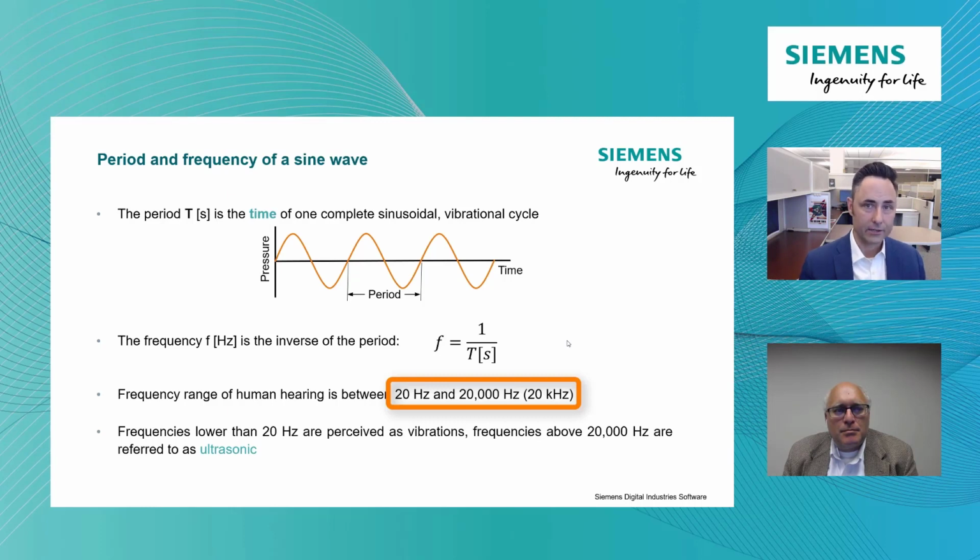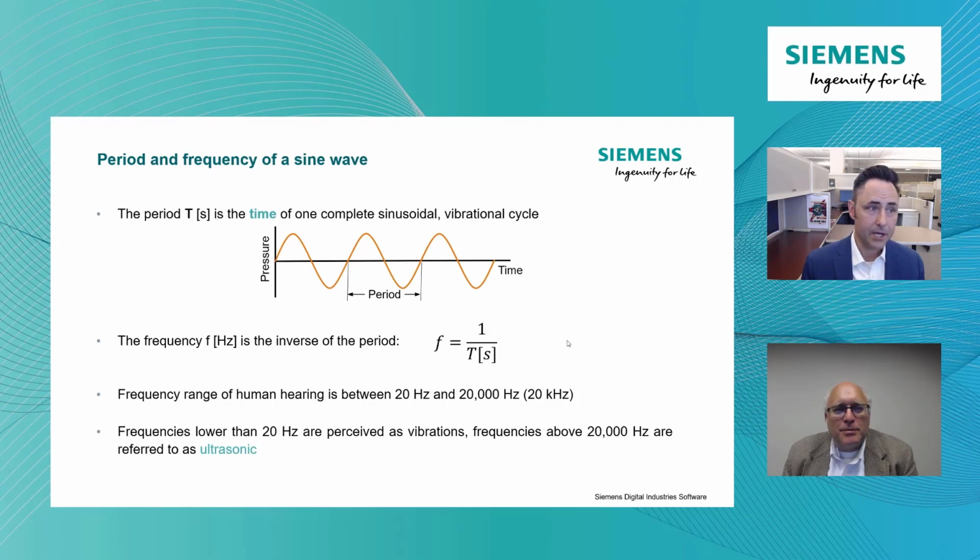Almost no one can hear outside this range. Below it, the frequencies are so low that we perceive them maybe as pressure fluctuations in our chest or something like that. And above 20 kilohertz is called ultrasound. This is in the region of dog whistles and things that are too high for us to hear.